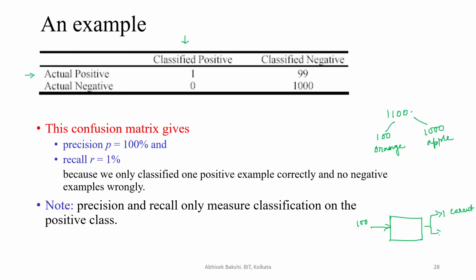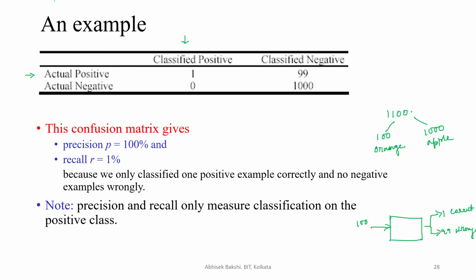For 99 cases it was wrong. Wrong means actually it should be orange, but classified as negative. That means it is saying that it is apple. The model is saying it is an apple, but I have sent an image of an orange.